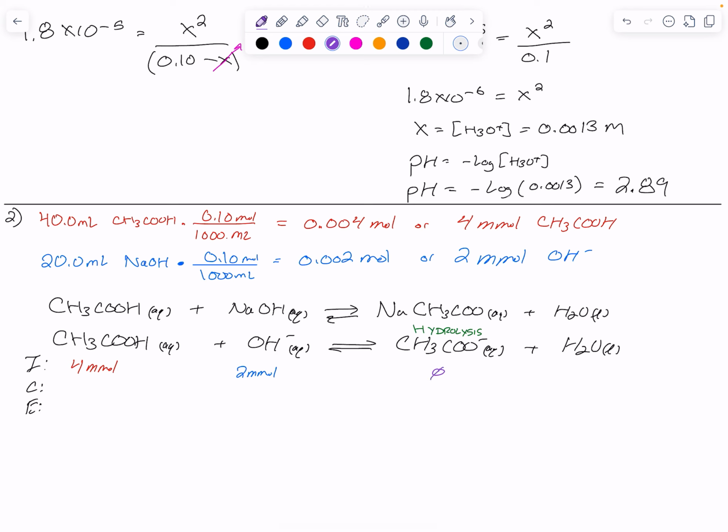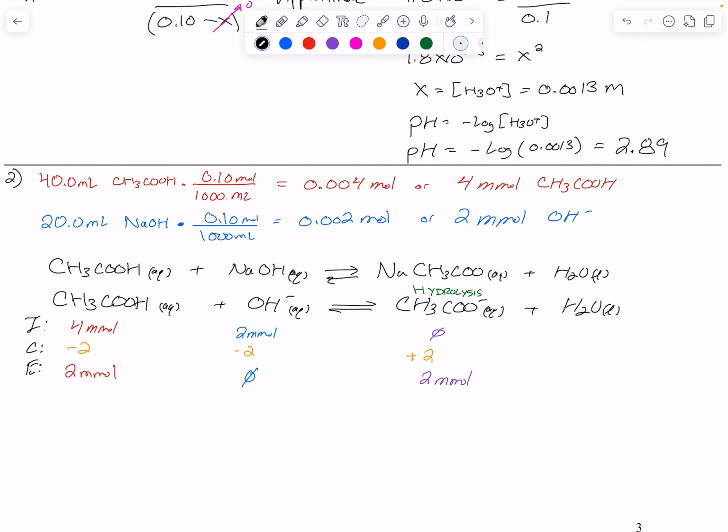And we just do it minus 2, minus 2. A lot of times we just leave it there and we go through this in class. But what happens is you have a plus 2 here. So we have 2 millimoles of acid, no hydroxide, but we have 2 millimoles of conjugate base.